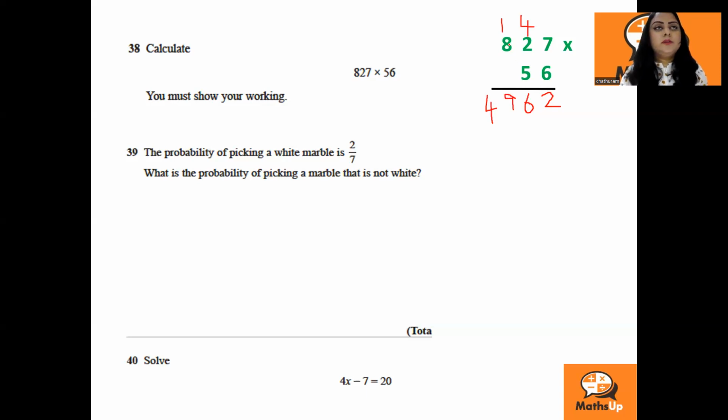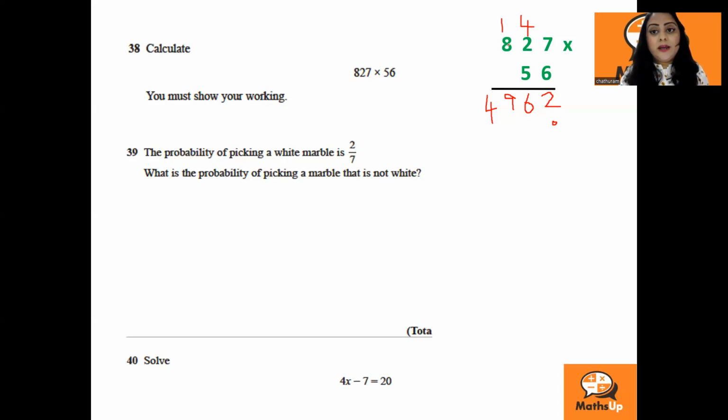Okay, so the first step I did was multiply 827 by 6. The second step is you have to multiply 827 by 5. Actually this is not 5, this is 50 according to the place value. So you can put 0 here, or you can keep this place empty. You can use either way.